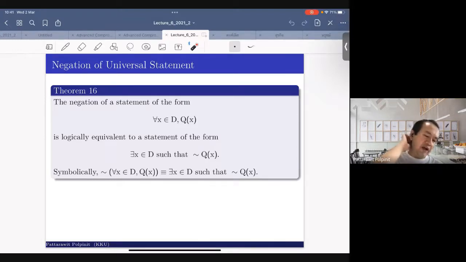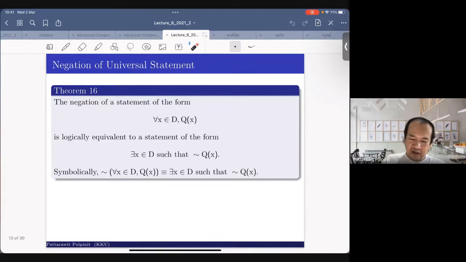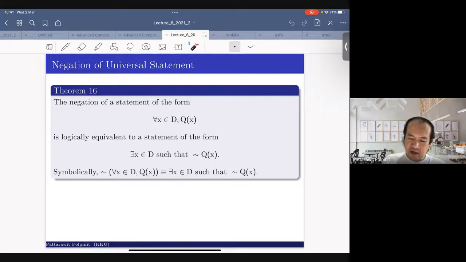Imagine you add a negation to a universal statement: for all x in the domain D, Q of x. When you add the negation, for all switches to there exists, and you factor in the negation, so Q of x becomes negation of Q of x.